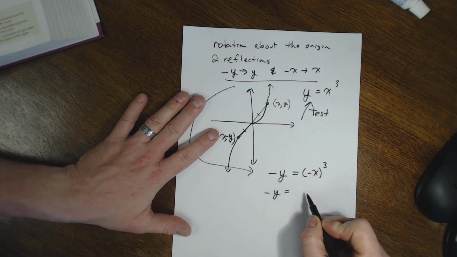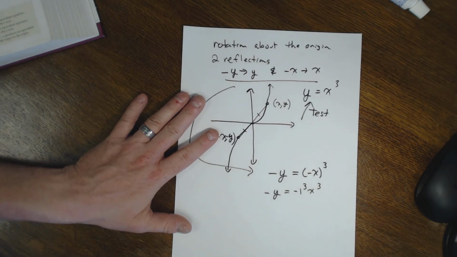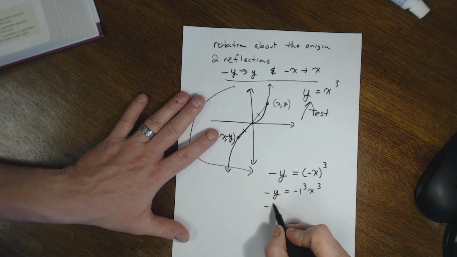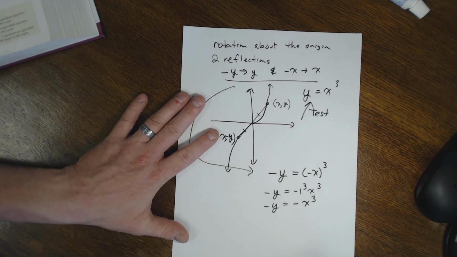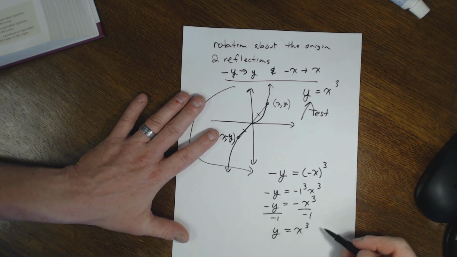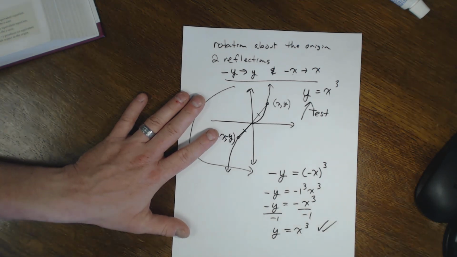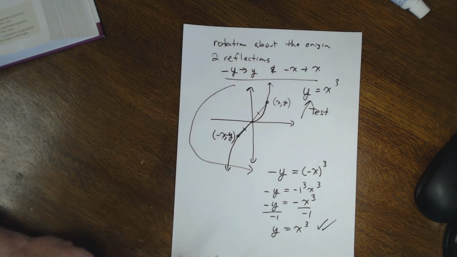Minus y is equal to negative 1 to the third, x to the third. This becomes minus y is equal to minus x to the third. I'm going to divide both sides by minus 1, and y is equal to x to the third. So check, check for both of these reflections, and I get a rotation about the origin.